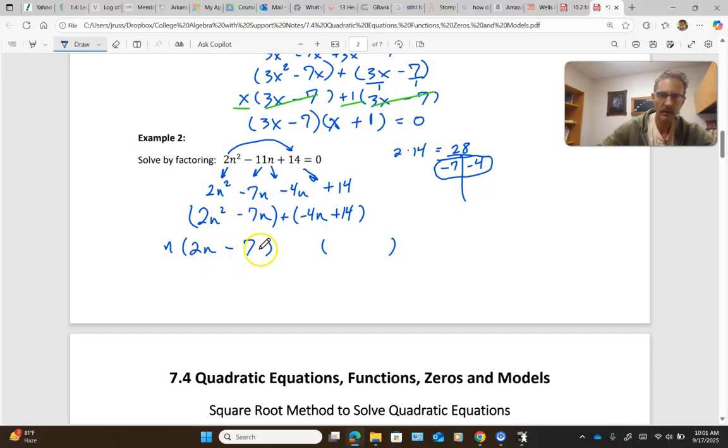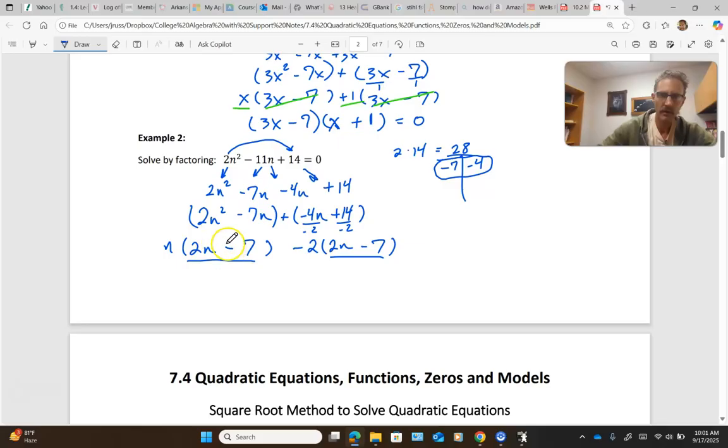So I take out a negative 2. To see this, you can literally divide them by negative 2. So here, these two negatives become a positive 2n, and 14 divided by negative 2 is negative 7. And so now you can see that this factor matches this factor.